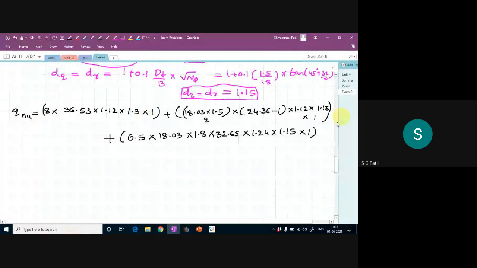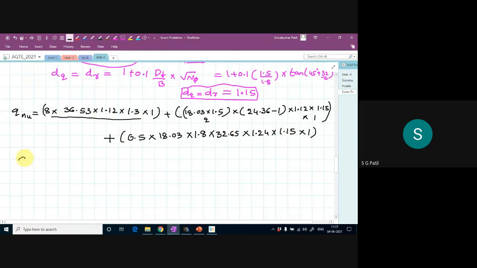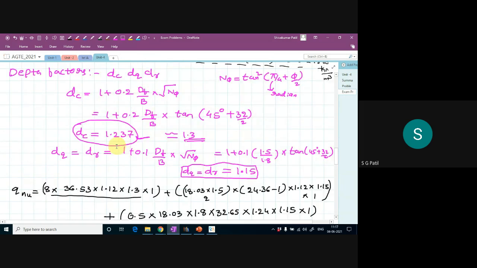If you calculate all three terms together, you will get confused. Okay, so let us calculate single term. So the first term 404. I think my NC value and your NC value may be different, because I used DC value of 1.237.